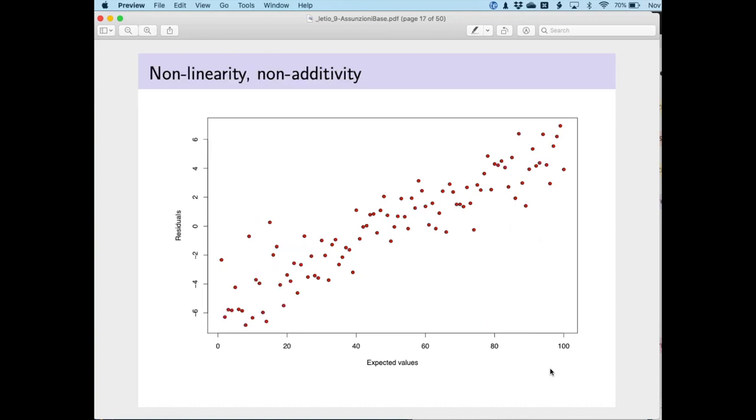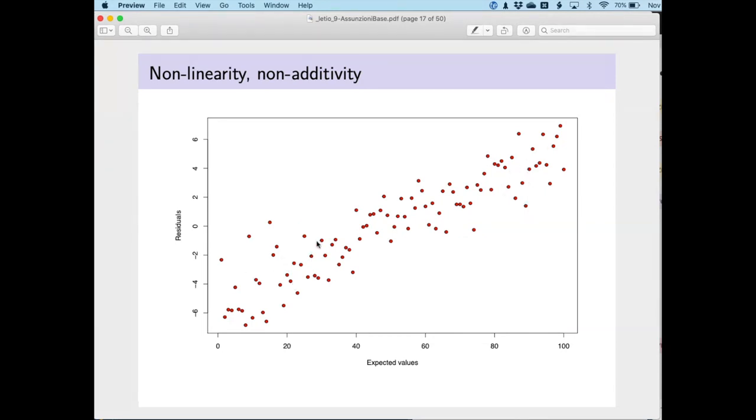Then, that's another case, but less frequent with ANOVA models. That happens more with regression. But you see that we have negative residuals when the expected value is low, and positive residuals when the expected value is high. Here you see we have positive residuals, and here we have negative residuals.